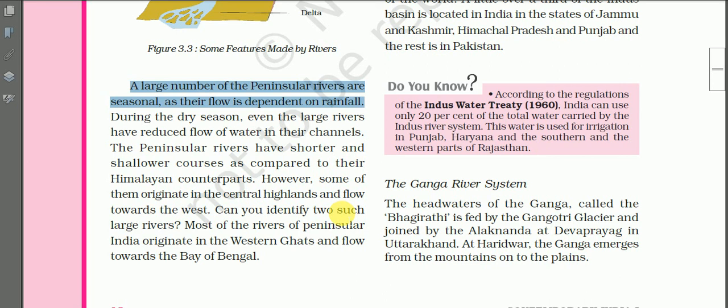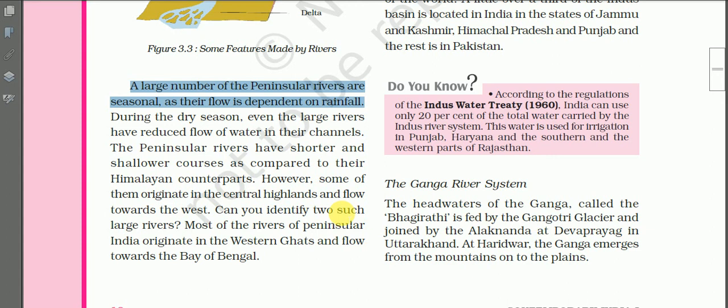For the Himalayan rivers, you have learned that most of them are perennial. That means there is a continuous flow of water in the river valley, because Himalayan rivers are fed by snow melt and rainwater. Unlike the Himalayan rivers, the peninsular rivers are seasonal. That is, the flow of the water is dependent on the rainfall.